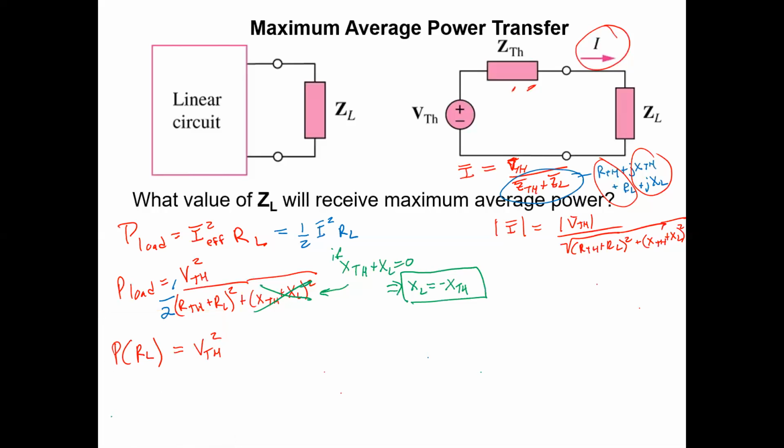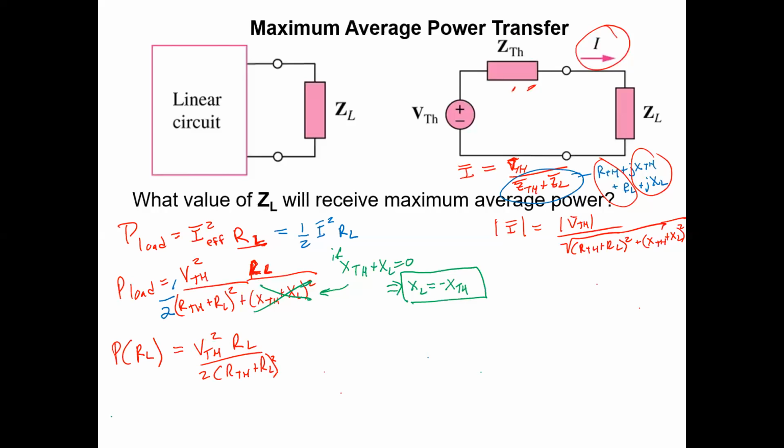This was basically I, but we have to have an RL up top here, because that's this RL here. So V Thevenin squared RL over 2 times R Thevenin plus RL squared is P as a function of RL.